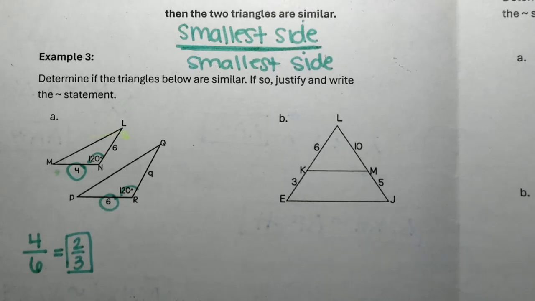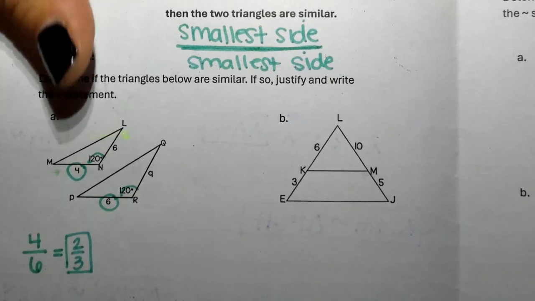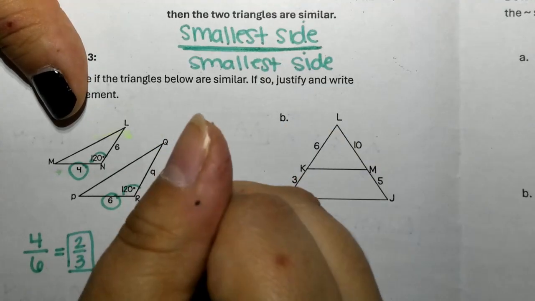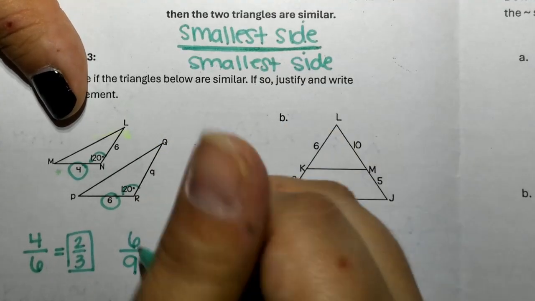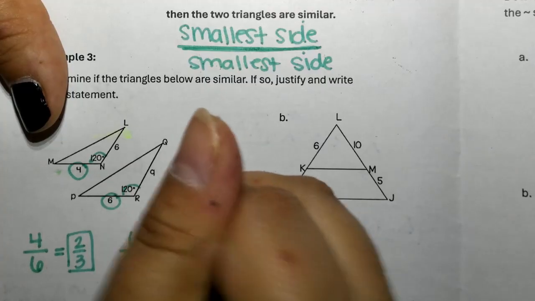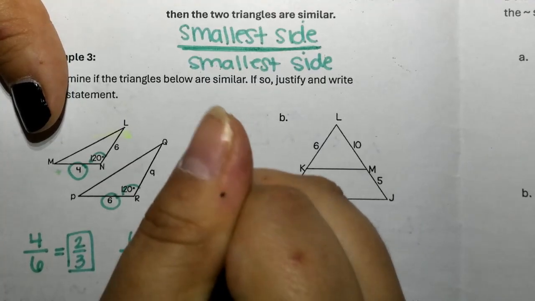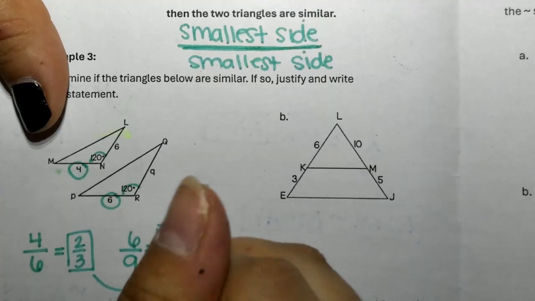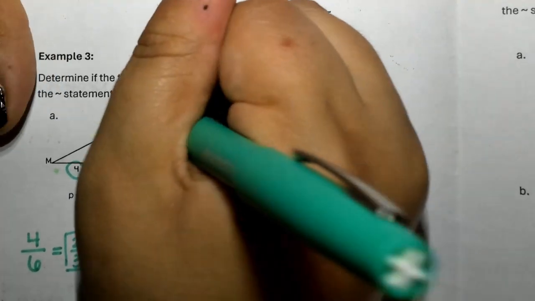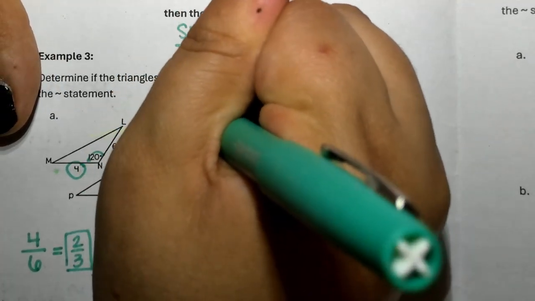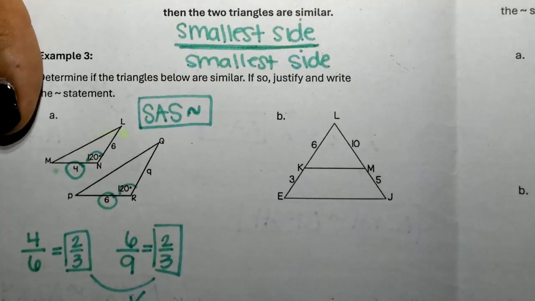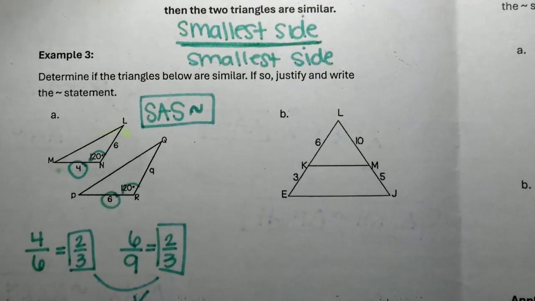Now I need to check the other triangle. What's the biggest side over the other big side? What is 6 divided by 9? 2/3. Are these proportional? Do these end up being the same thing? Yes. So this is side angle side similar. So what is my similarity statement?